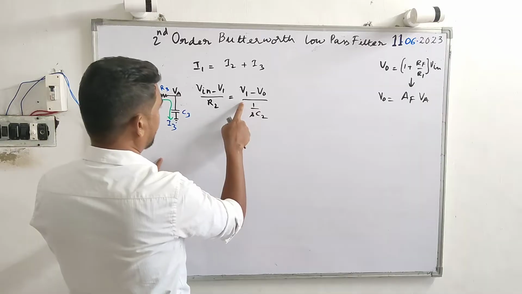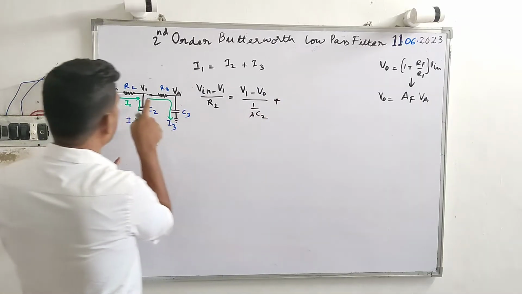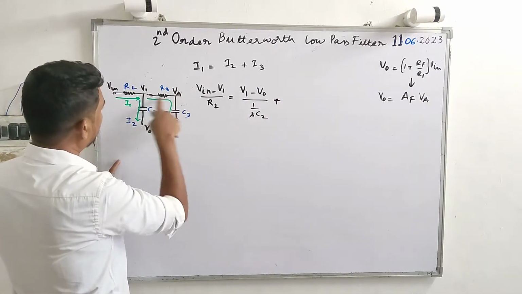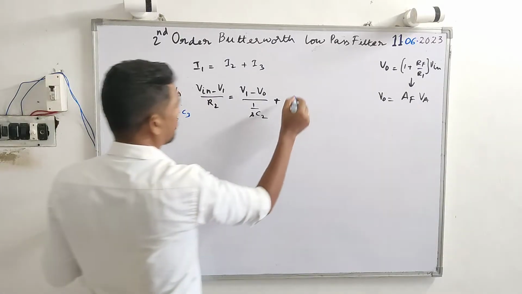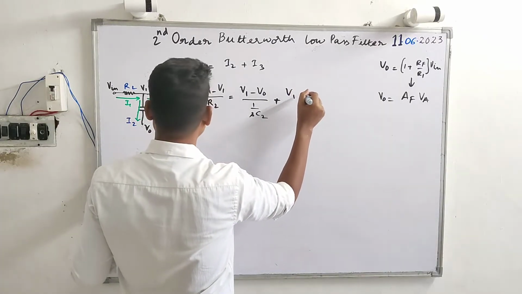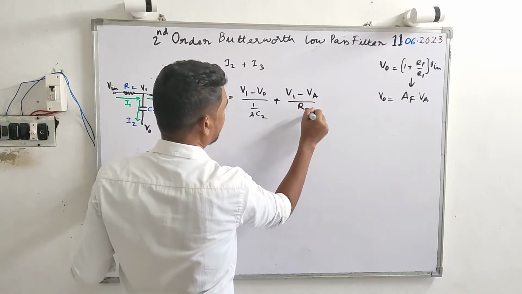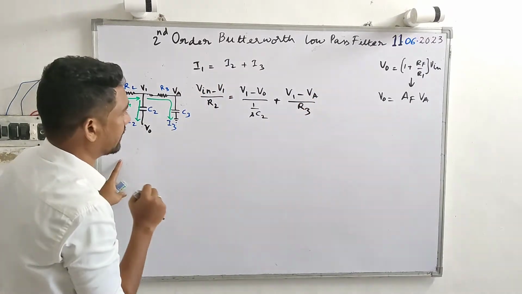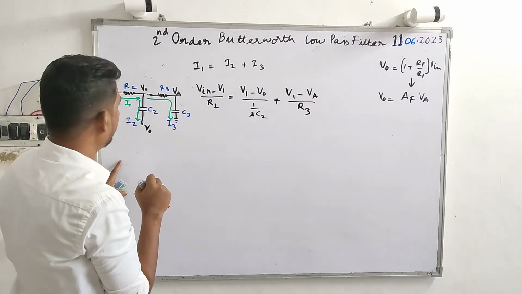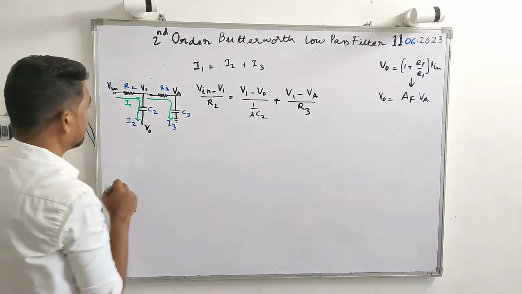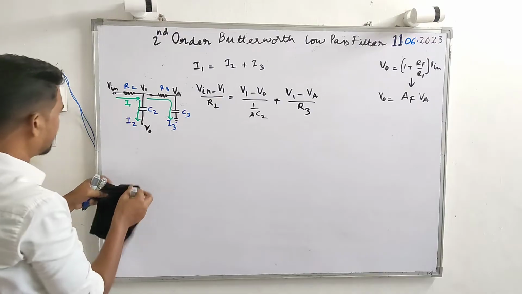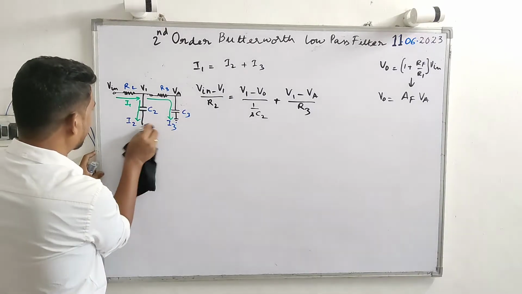And this is for I2 plus I3: from this point to this point, between V1 and VA upon R3. So V1 minus VA upon R3 will be that for I3. After this, we need to apply the potential divider rule across this part.